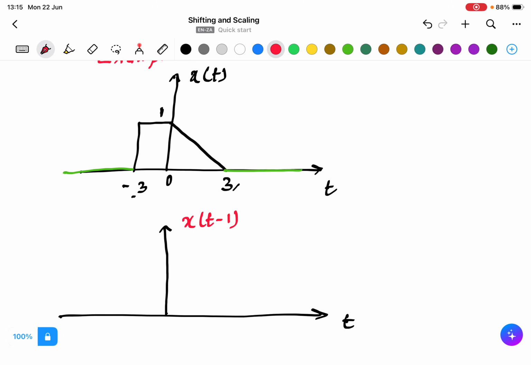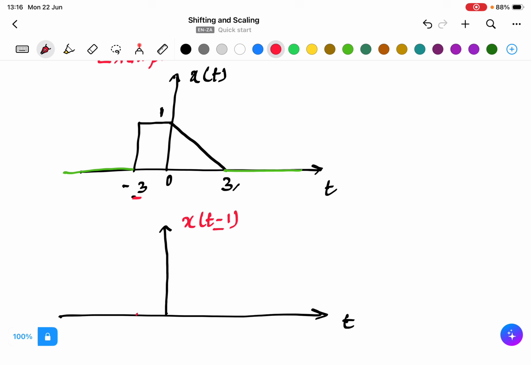That means now we are shifting this signal to the positive side, or we are basically delaying the signal by a value equal to 1. So this -1 now will move to 2, meaning -2. The reason is we are adding 1 to it, we are shifting it to the right hand side.